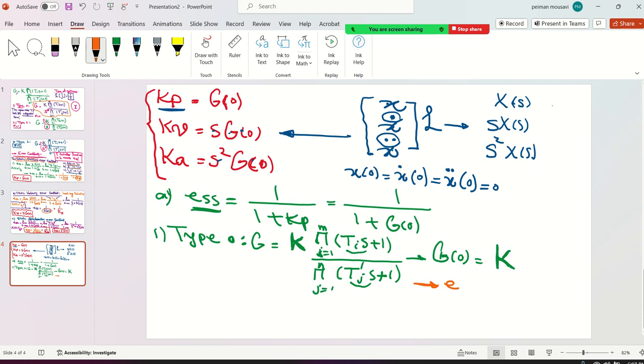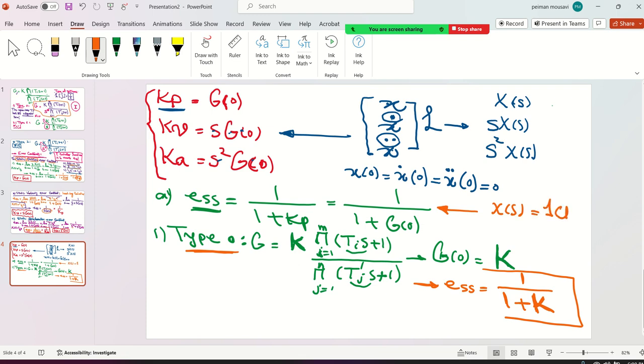So the ESS, steady state error signal, for a type 0 system is going to be 1 over 1 plus K, a constant error signal. Remember, in this case the input was a unit step.